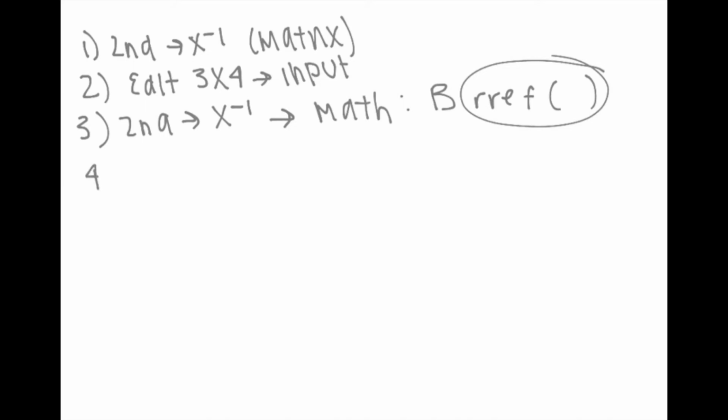So select RREF and then go back to second matrix again and click whatever your 3 by 4 matrix is, which in my case is going to be A. So I'm going to do this and then click solve or enter. The contents of your matrix should consist of 1s and 0s except for the last column. If you go all the way to the last column, that's where your answer is going to be.